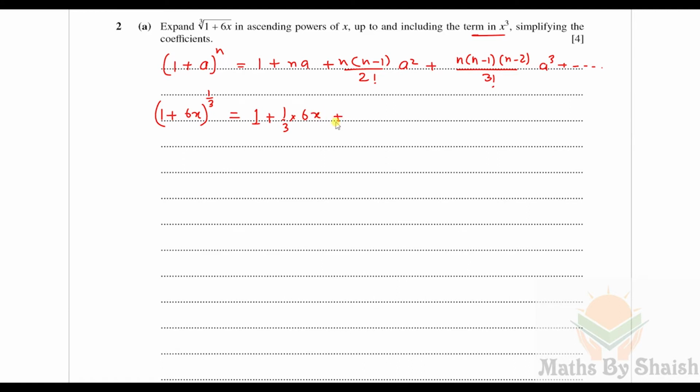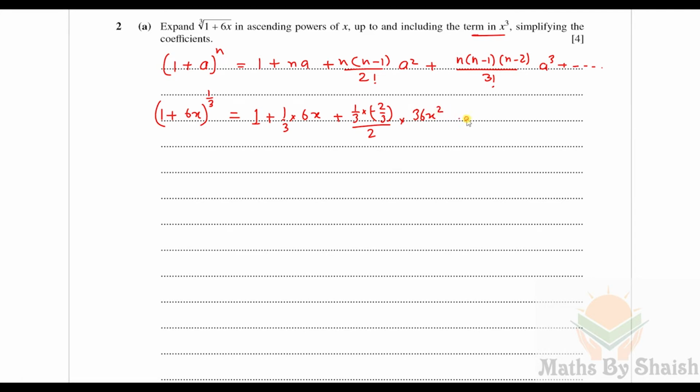plus 1 by 3 into (1 by 3 minus 1), and 1 by 3 minus 1 is going to be minus 2 by 3, so it is minus 2 by 3 upon 2 factorial, that is 2, into (6x) whole squared, which is 36x squared.